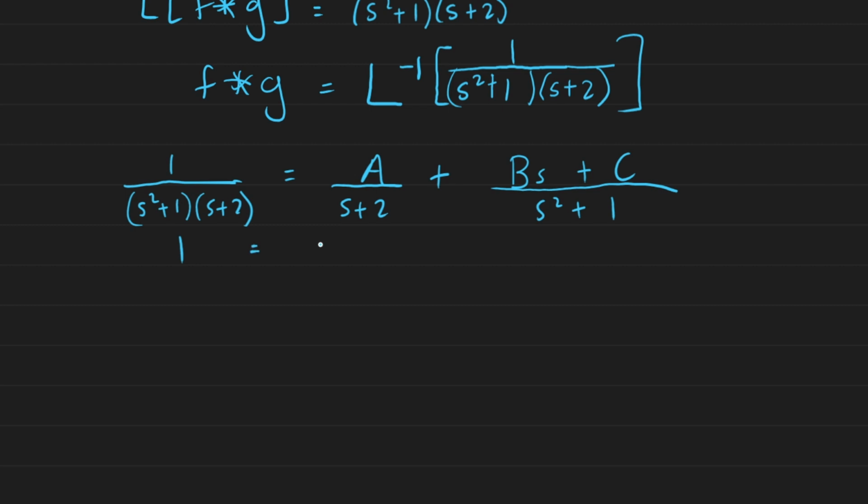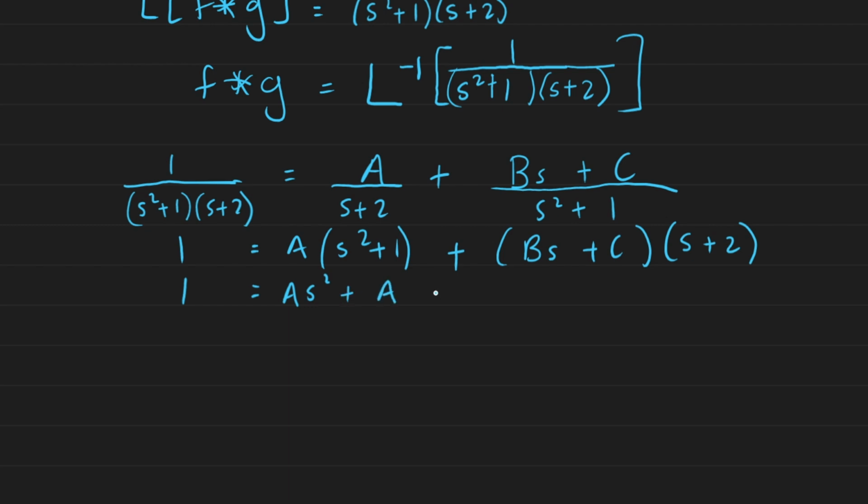We get 1 is equal to a into s squared plus 1, plus bs plus c into s plus 2, and then if we expand the right hand side out, we get as squared plus a, then plus b times s times s, which is bs squared, then plus 2bs plus cs plus 2c.